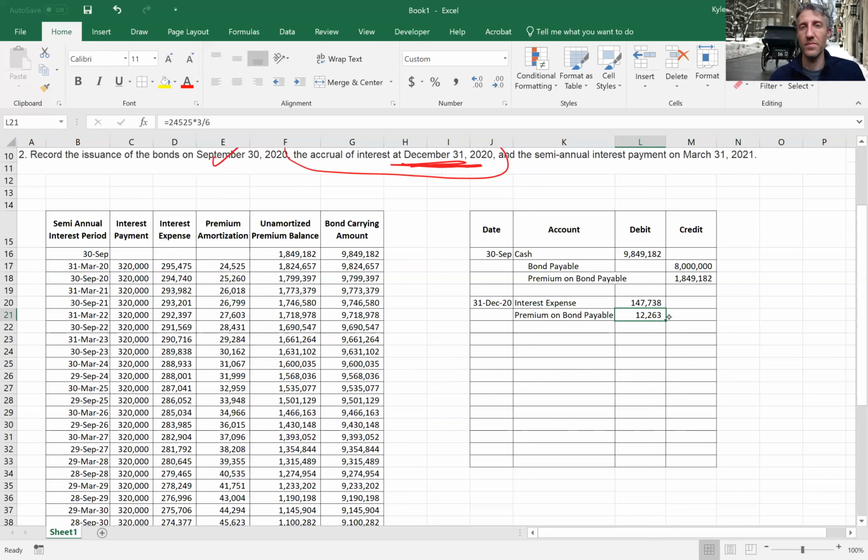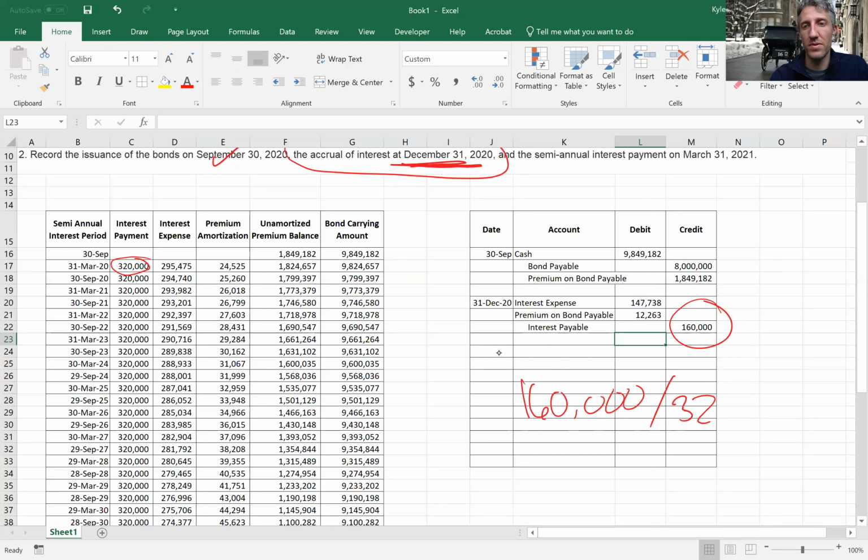Okay. Which means that what they need to do is set up a payable for all of that, right? They're going to pay it, they just haven't paid it yet. And the amount that they need to set up a payable for is going to be the two added together, which is 160,000. So you'll notice, hopefully right away, that 160,000 is exactly half of the interest payment.